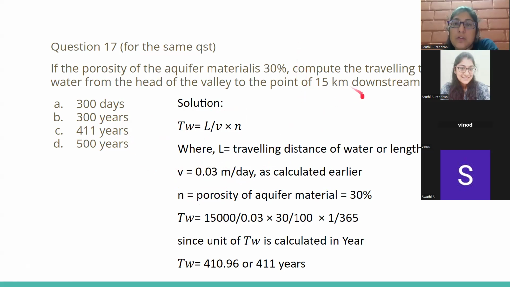So if it is 15 kilometers, you have to change it to 15 into 1,000 meters divided by 0.03 in meters per day, and 0.3 is the porosity, and also you have to convert the meters per day into years and then obtain the answer in years. So the correct answer would be option C.